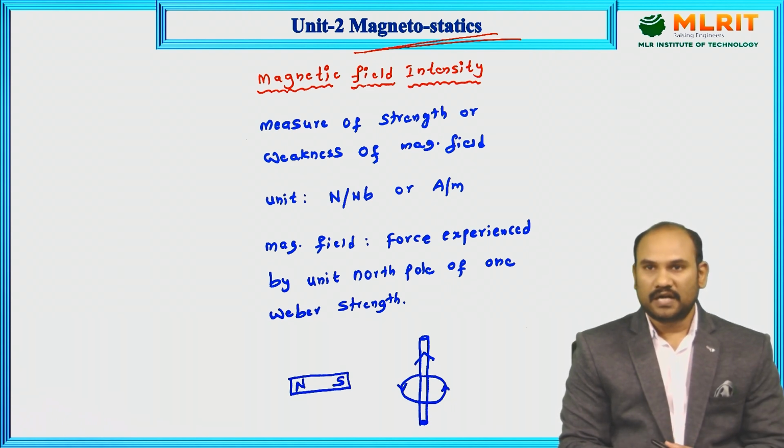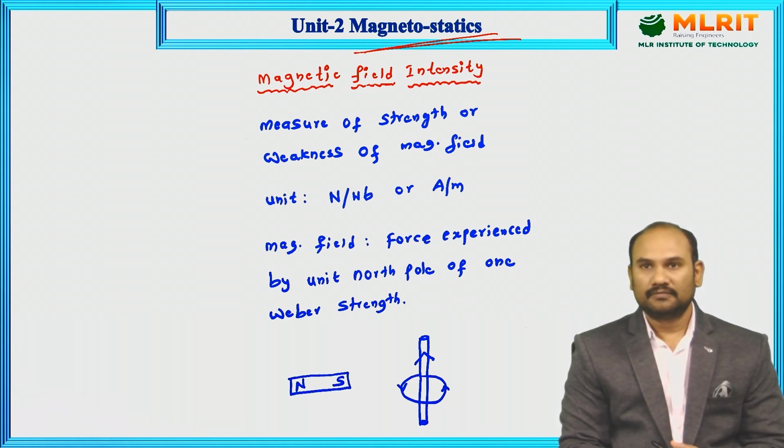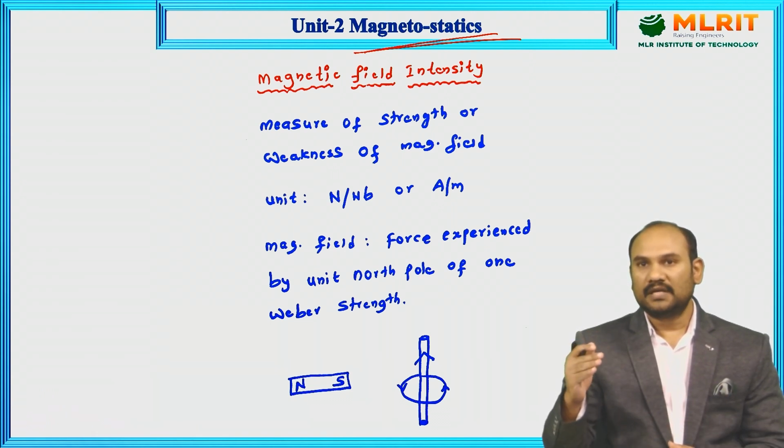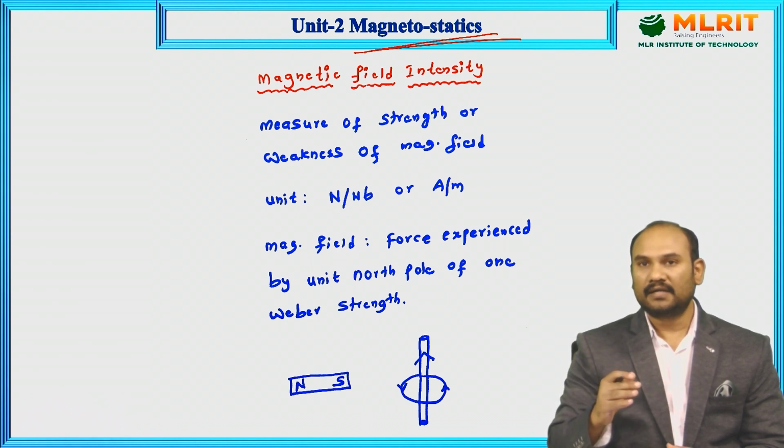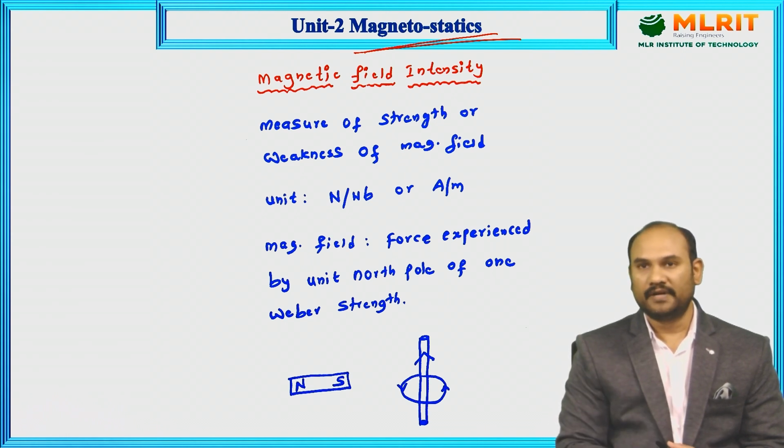What is electrostatics? The study of static electric fields. Similarly, what is magnetostatics? The study of static magnetic fields. However, in real time, wireless communications is based on dynamic electric and dynamic magnetic fields, which are time varying electromagnetic fields.